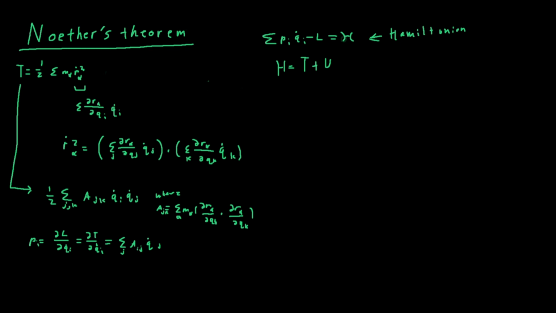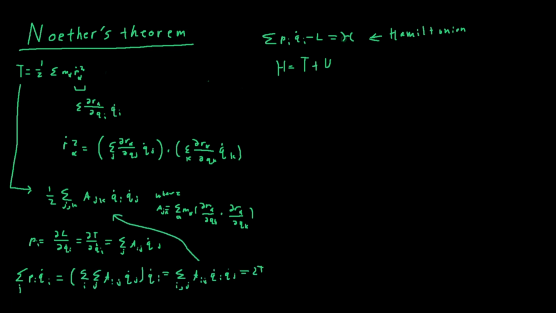So what we can rewrite for the sum from the definition of the Hamiltonian is that the sum of p_i q prime_i is just equal to 2 times kinetic energy if we compare it to our result right here.